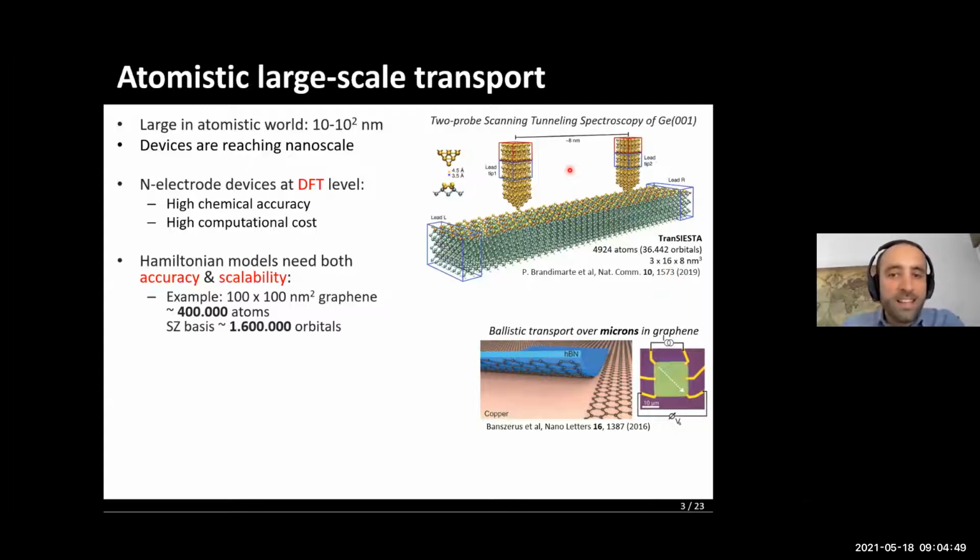So from a SIESTA point of view, at the DFT level, this is already a quite heavy system to simulate.